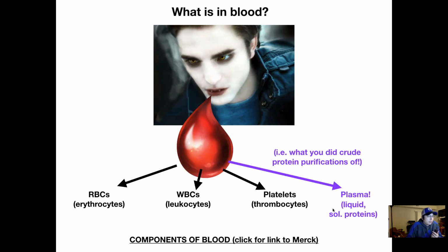During the process of coagulation, some of these proteins become insoluble, and that's what generates the gel-like substance or the hard substance of a clot that prevents you from bleeding. There are links in the original PowerPoint if you're interested in learning more about these components.